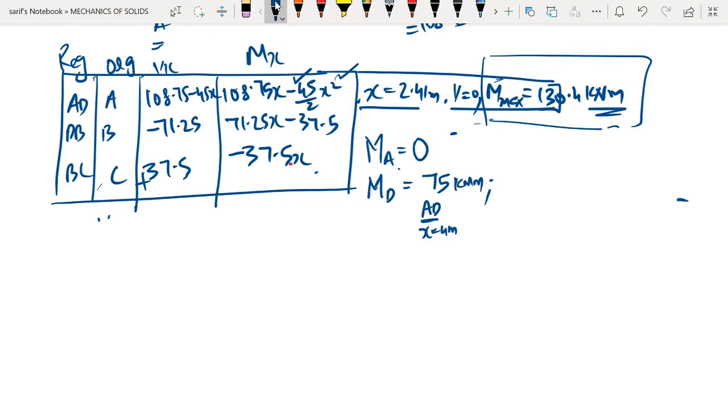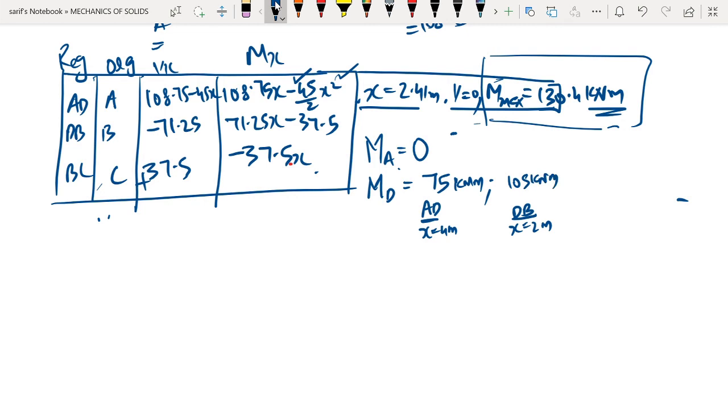Similarly, in the expression for bending moment in the region DB, the origin is B, and therefore we have to substitute x is equal to 2 meter to reach the point D. We get the value of bending moment as 105 kilonewton meter.